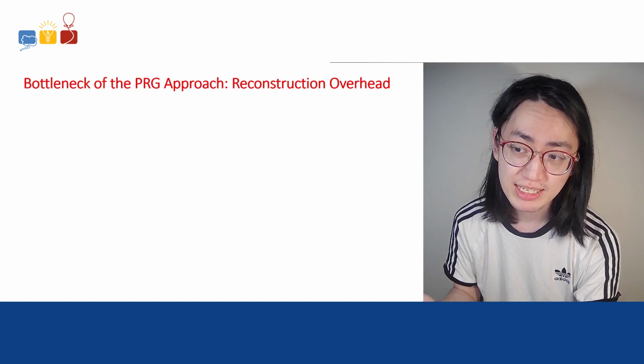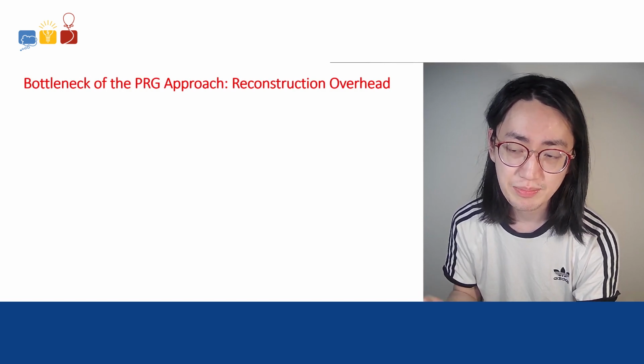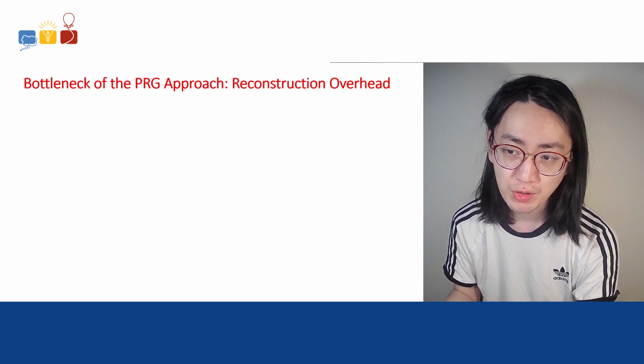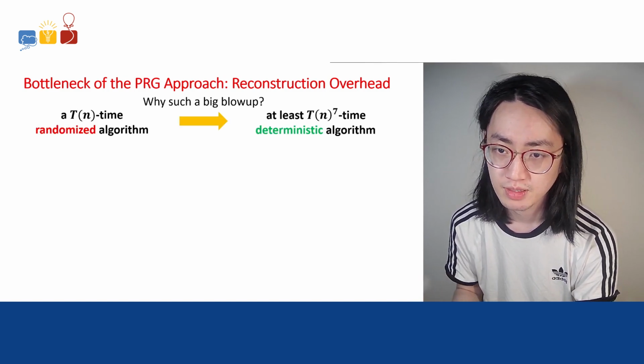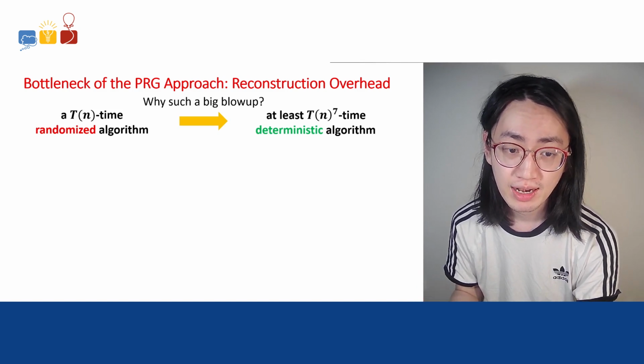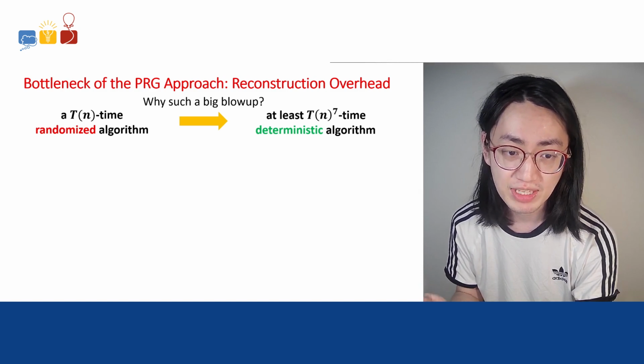So now we are ready to explain how this approach is implemented in previous work and why it brings a huge overhead there. To recall, some previous work gives us a pretty large polynomial derandomization of T(n) time randomized algorithms.